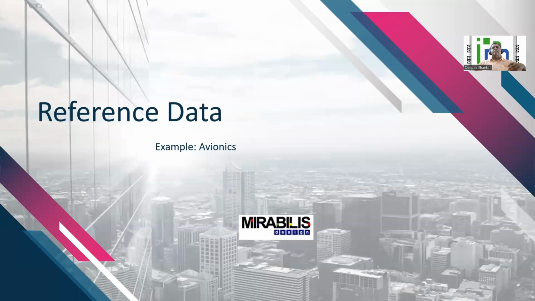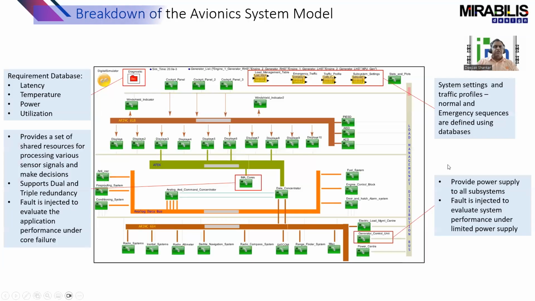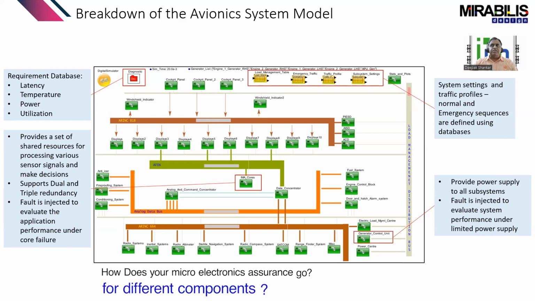Let's take something that is a much larger system, because understanding this will help you understand how, when you're transitioning over to multi-die, you can do a more effective experimentation. So when you take something like an avionics system, not only do you need to design the architecture to be able to meet all the latency, temperature, power, utilization type requirements, but you also need to have assurances.